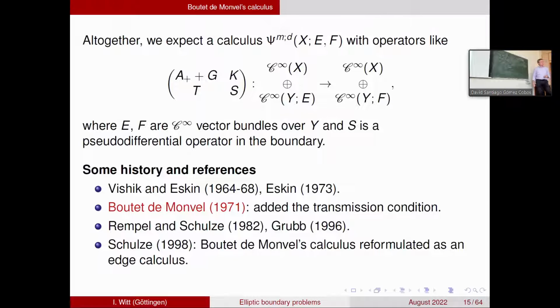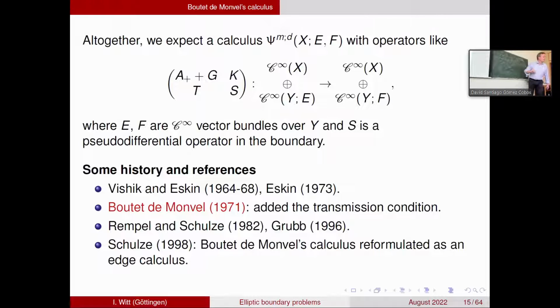If you have heard about Lagrangian distributions, a Lagrangian distribution is a distribution which is given microlocally as an oscillatory integral. The phase function parameterizes the Lagrangian submanifold of the cotangent bundle, and it has its singularities there. You can also have a bunch of Lagrangian submanifolds, one to see finitely many.